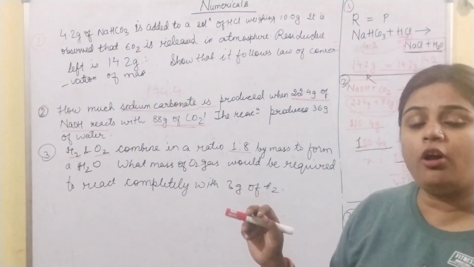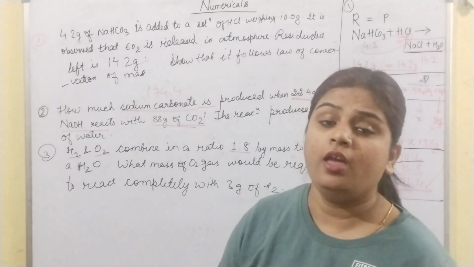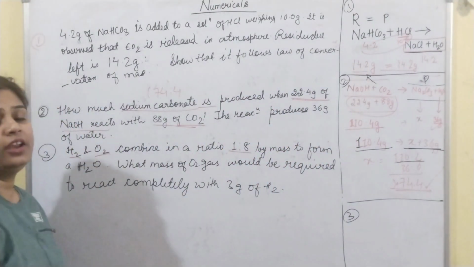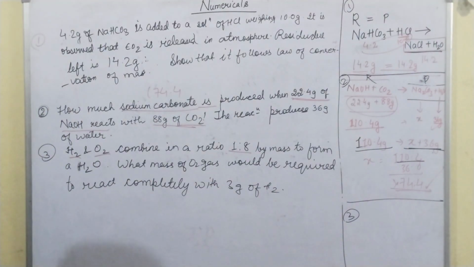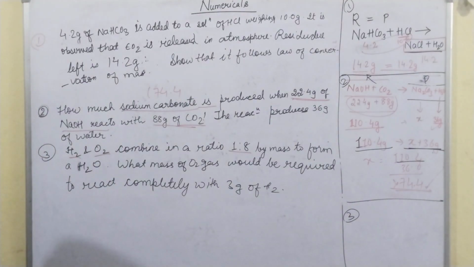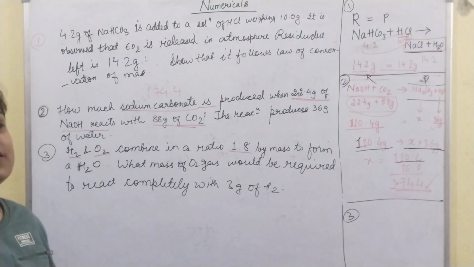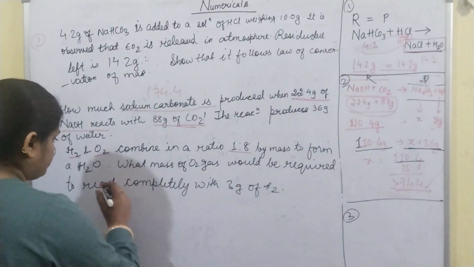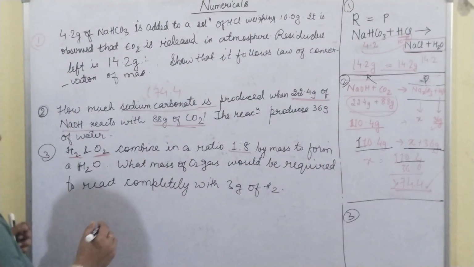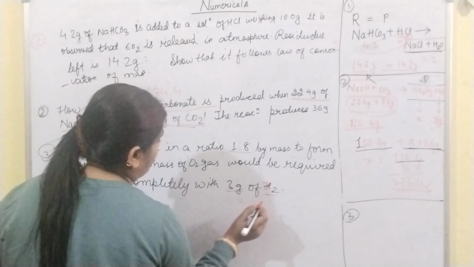I have taught you in the law of constant proportion that whenever water is formed, it is formed in a fixed ratio by mass, so the ratio of hydrogen and oxygen in water will be constant. Here 3 gram of H2 is given and we have to find O2.